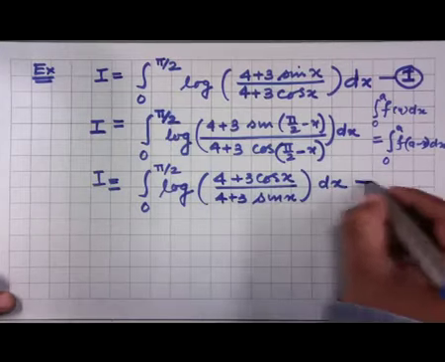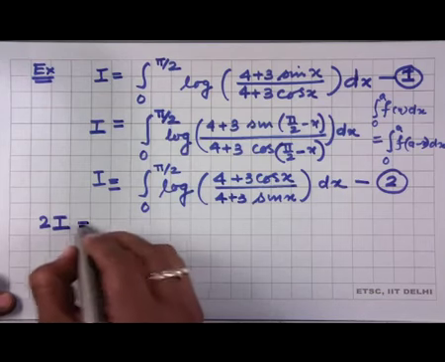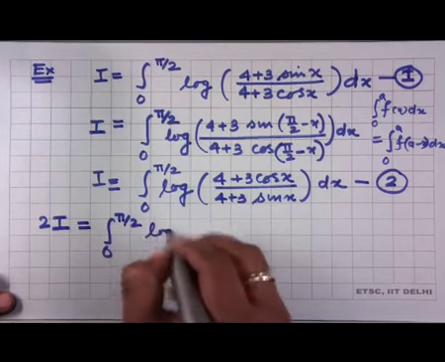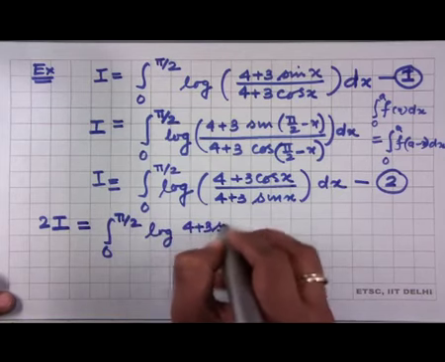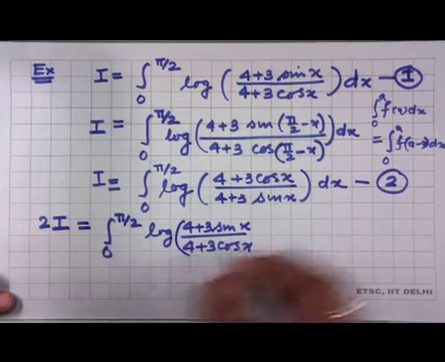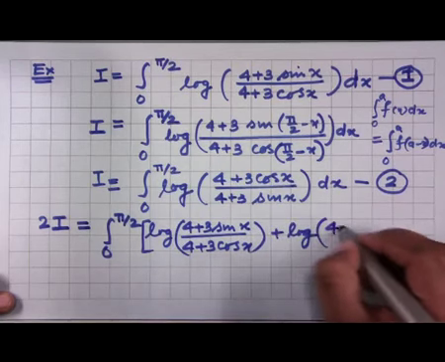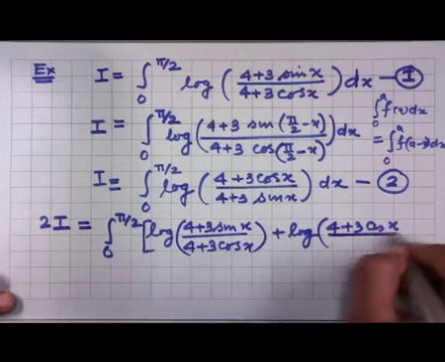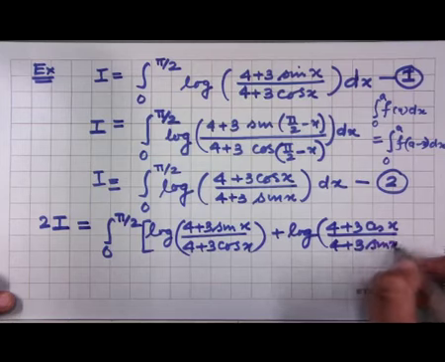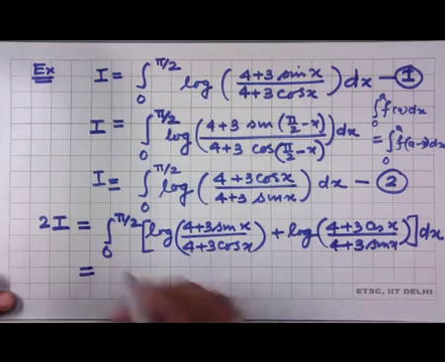Now, again add 1 and 2, we get 2I on the LHS, and on the right we get log of 4 plus 3 sin x upon 4 plus 3 cos x plus log of 4 plus 3 cos x by 4 plus 3 sin x dx. You know that log m plus log n is log mn.